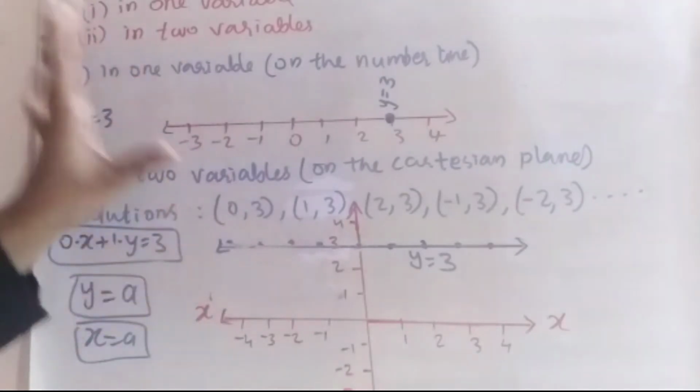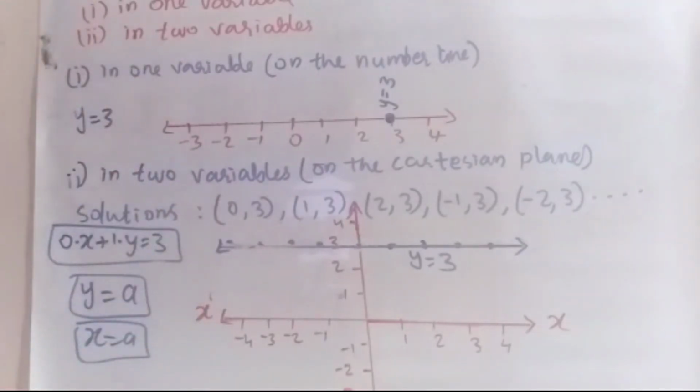What is our topic? Equations of lines parallel to the x-axis and y-axis. If the equation is of the form y is equal to a, the graph should be parallel to the x-axis. If it is of the form x equal to a, any integer, then the graph of the equation should be parallel to the y-axis.